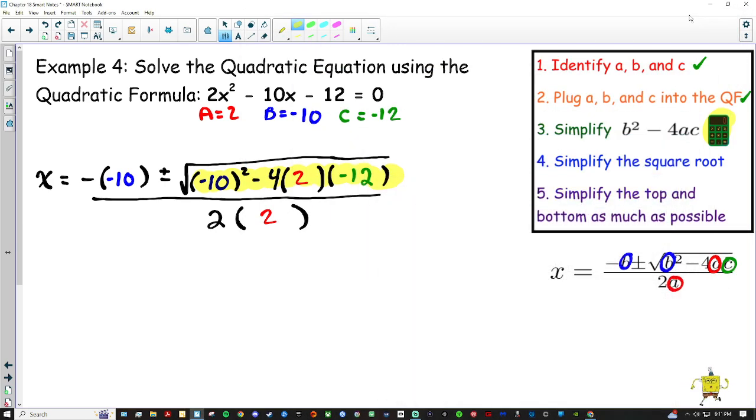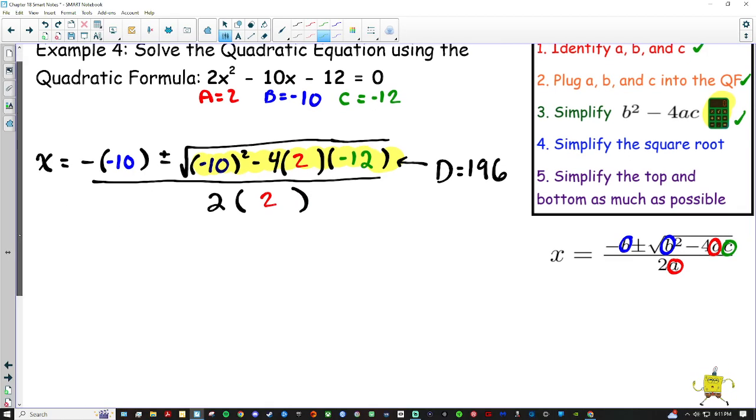So off to the side, I'm going to write D equals 196, and I'm even going to draw a little arrow so I know that's the discriminant on the inside. If we had a square root, we need to simplify it. So let's do some cleanup.